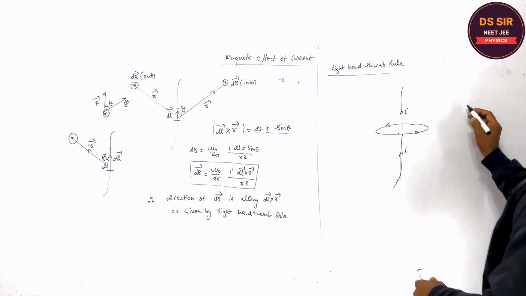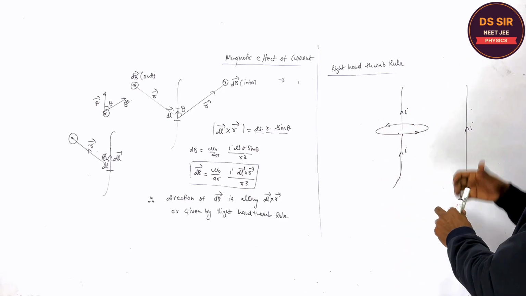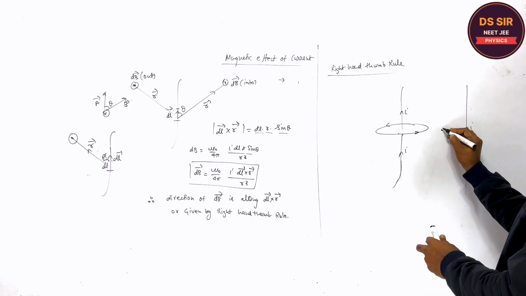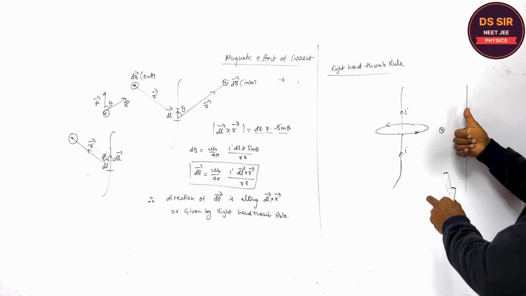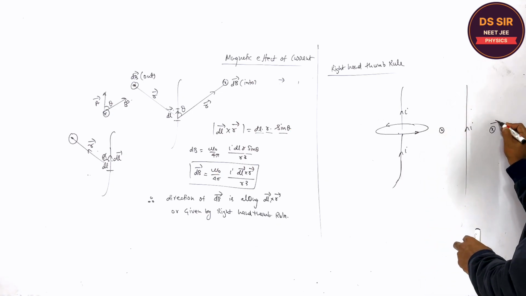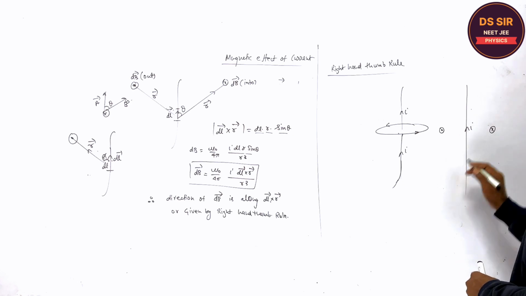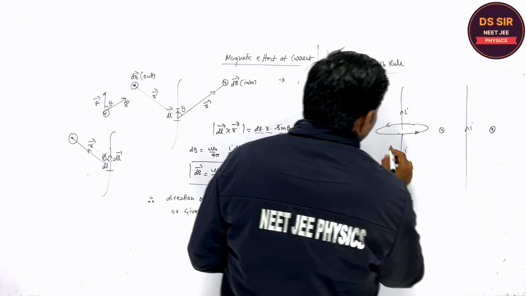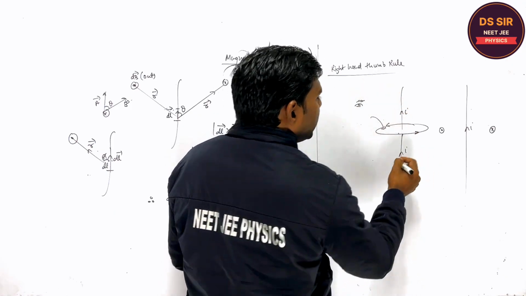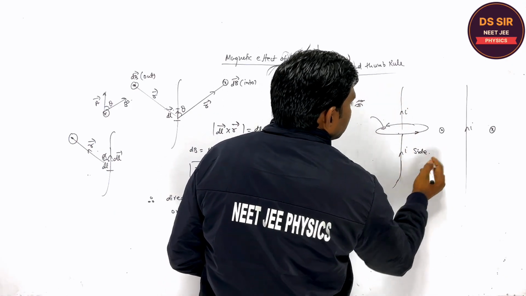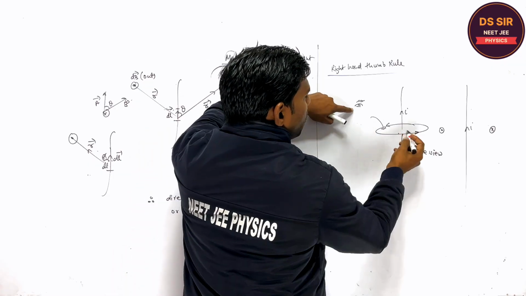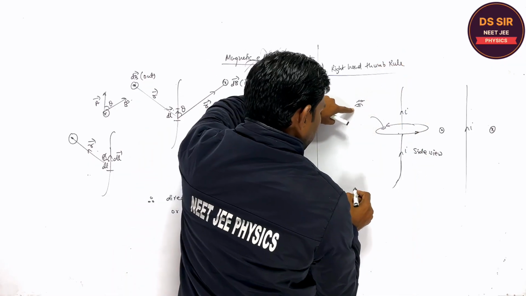For example, if this is the current carrying wire, and you take this point, the current is out of the board. And if you choose this point, the current is into the board this side. This is the side view. If you see from the top, the current is coming out here.